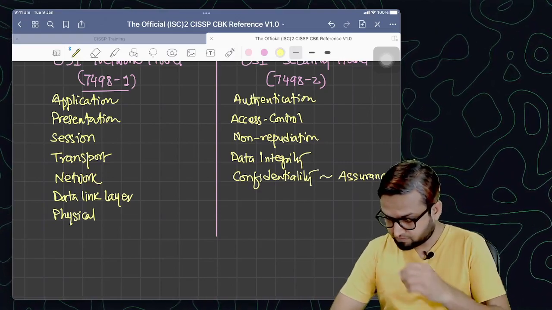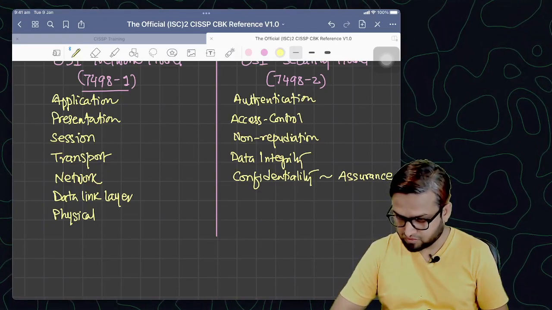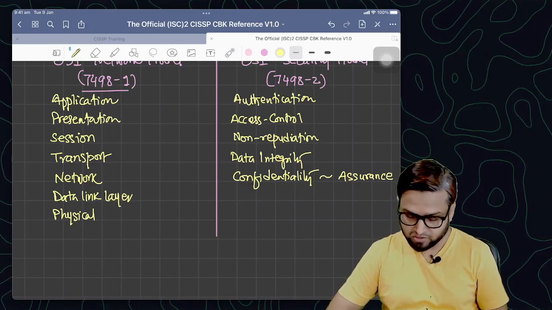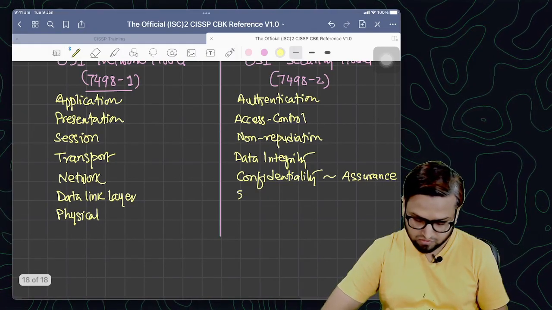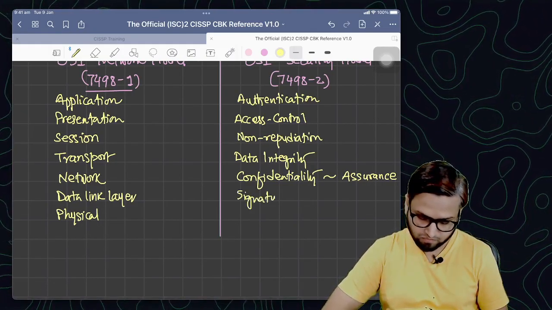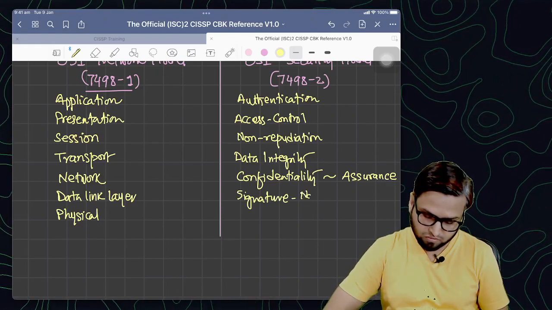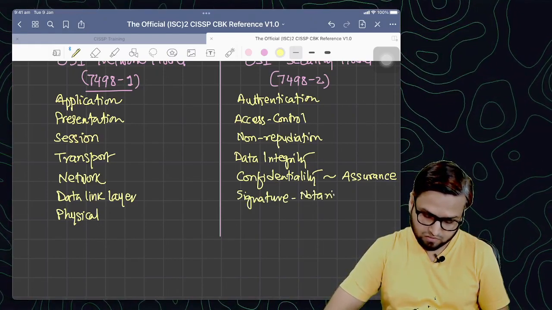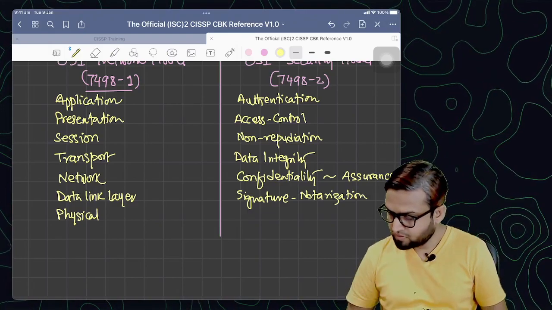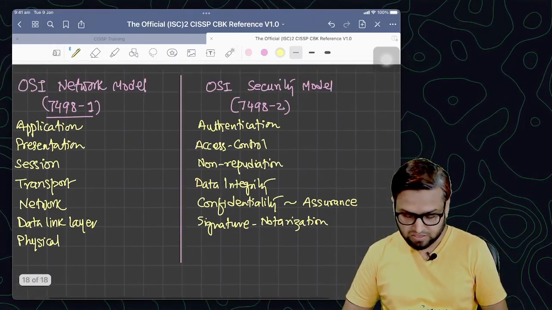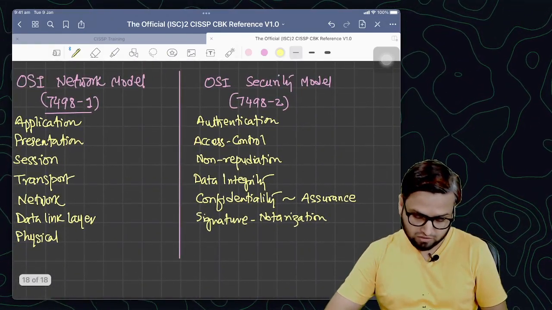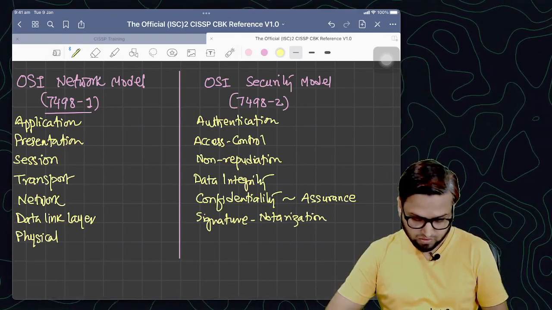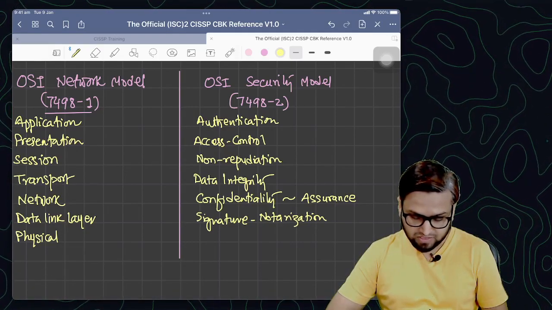right? Then you have notarization or signature, right? So I will just write signature or notarization. So these are the OSI security model. Here you will see the layers which relate with data itself.